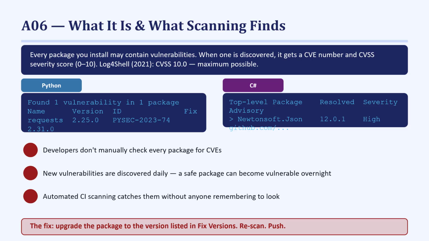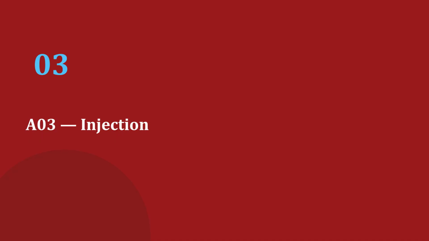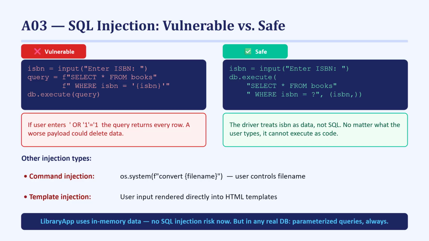The next one we're going to talk about is AO3, injection. Injection happens when an untrusted input is embedded in a command or query without following some steps like sanitization, which causes the interpreter to execute unintended instructions.